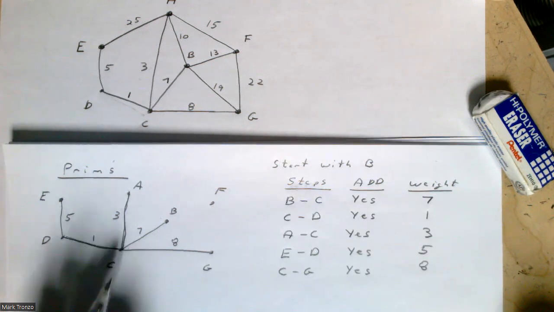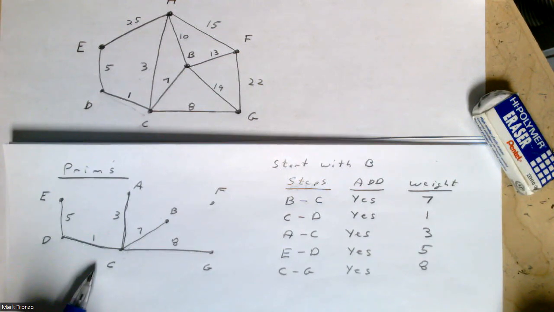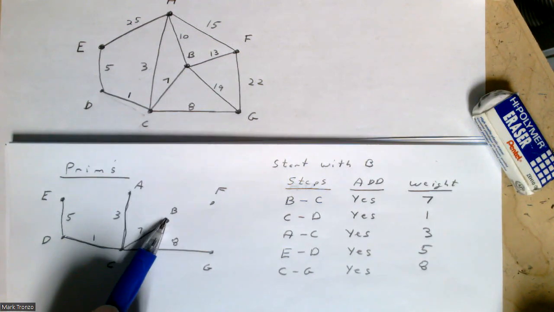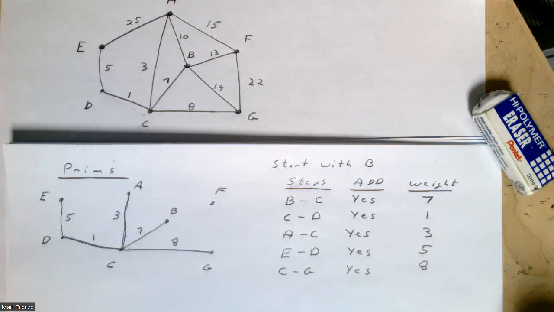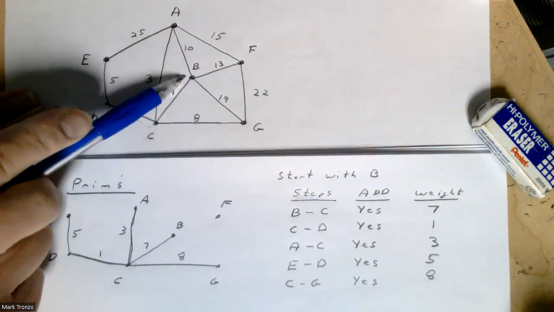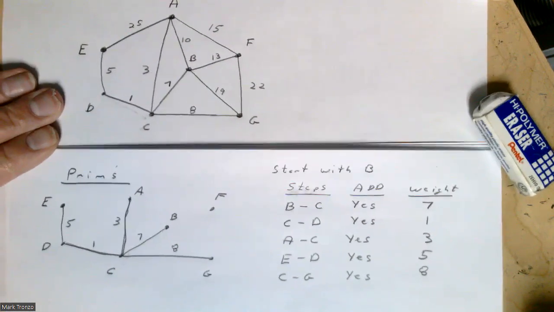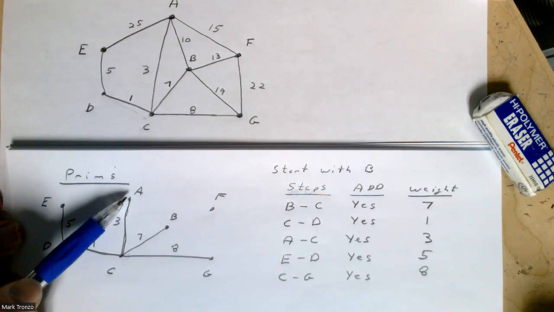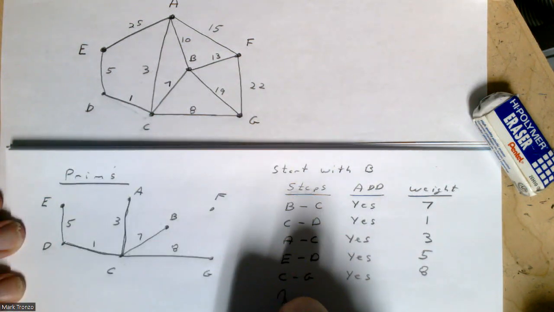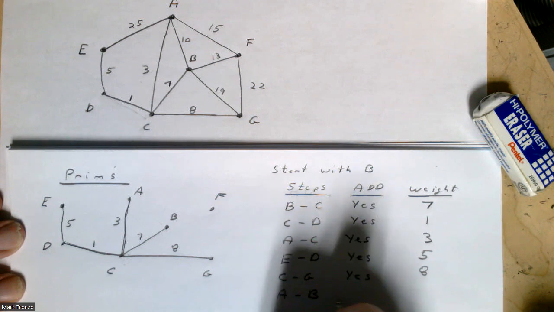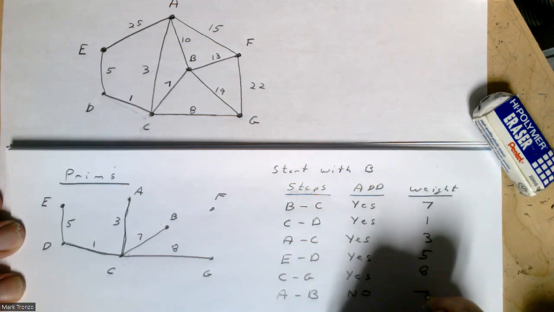Now we're going to consider the smallest weight that's connected to A, B, C, G, D, or E. And looks like that's going to be this 10, huh? This 10 up here between A and B is going to be the smallest. But again, we don't want to have a circuit. That'll make a circuit. So this is A, B, and that's going to be a no.